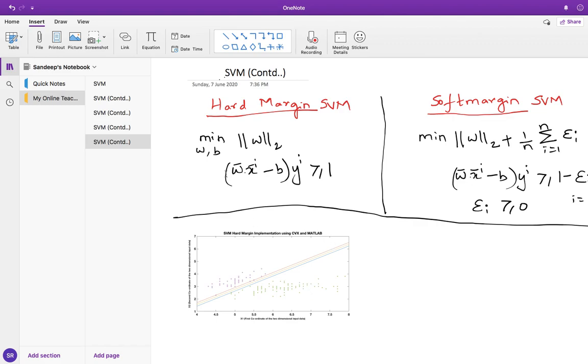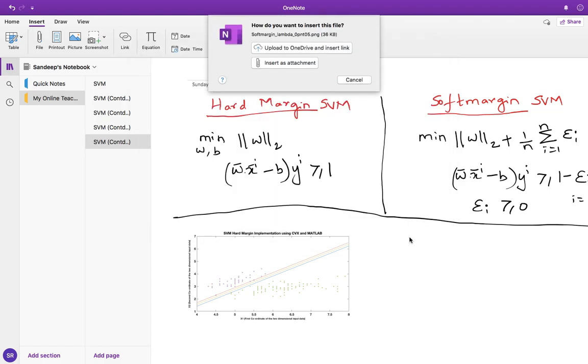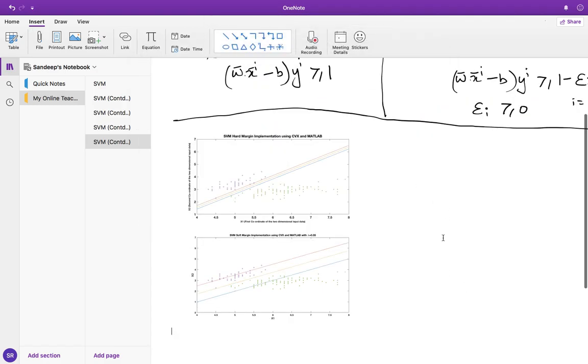I'll also show you how a soft margin based SVM looks like, and we will also see later how it can be implemented. Let me show first. In soft margin we have an extra variable called lambda, where we have a provision to choose it so that we can always move the boundaries closer and farther to the hyperplane.